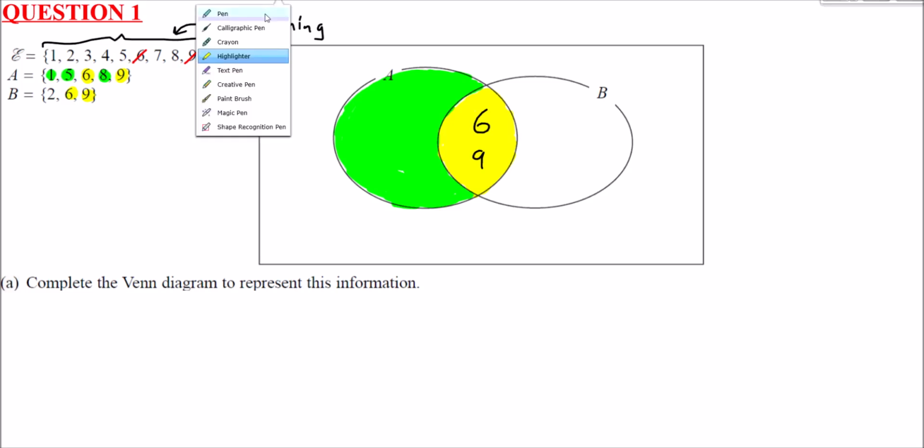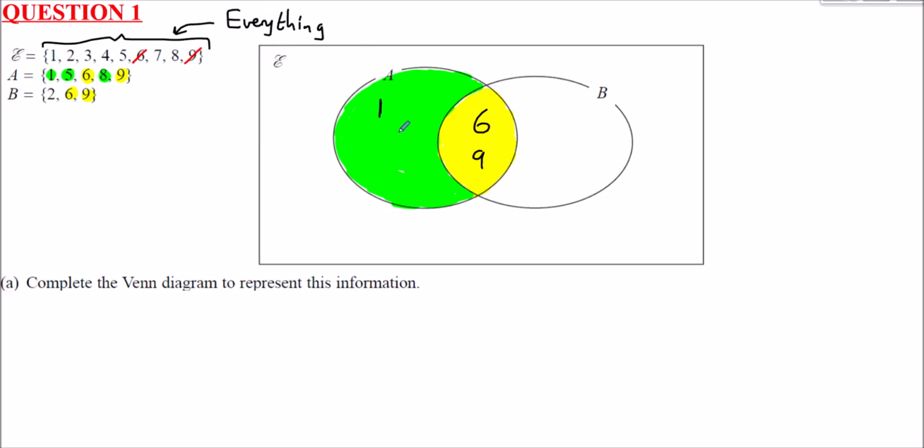So we include 1, 5 and 8 in this section here. Again, as I said you might want to do, just cross off 1, 5 and 8. Next, we can consider the items which are just in circle B, but not in the overlapping bit. And as you can see here, that's just this 2.